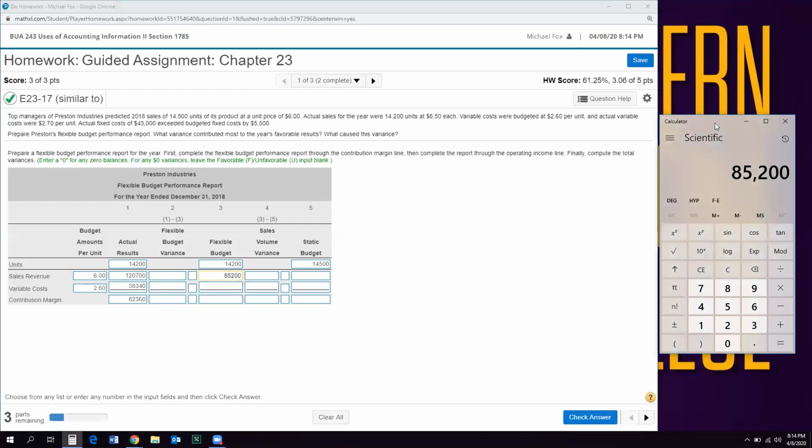Then 14,200 units times $2.60 gives 36,920, our variable cost. Our contribution margin for the flexible budget is 85,200 minus 36,920, or 48,280.